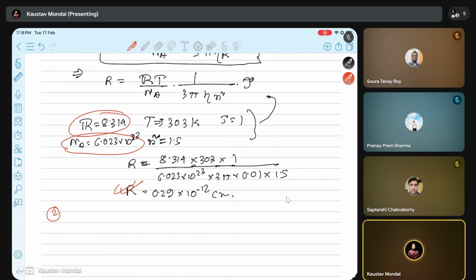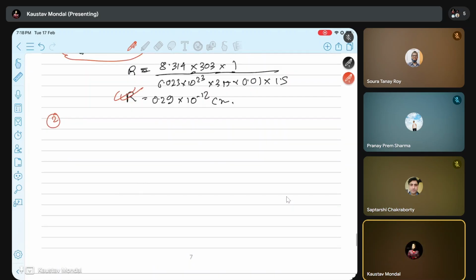So the next problem: in an experiment of Brownian motion, the RMS displacement.